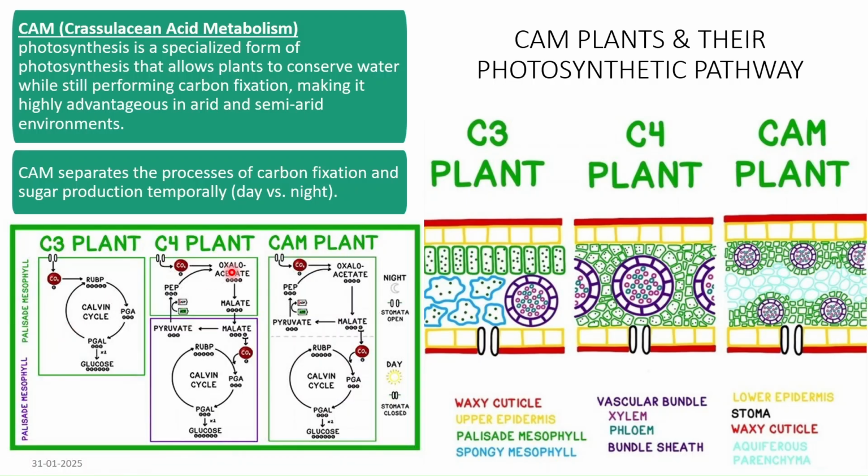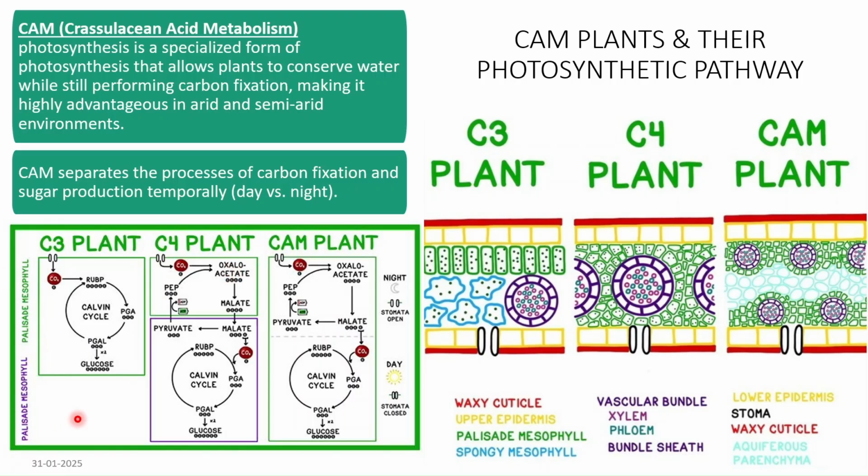Now, apart from C4 photosynthesis, there is also another photosynthetic pathway called CAM photosynthesis, or CAM plants. The full form of CAM is crassulacean acid metabolism. Compared to C3 and C4, CAM plants have a totally different way and timing during which the Calvin cycle happens in them.